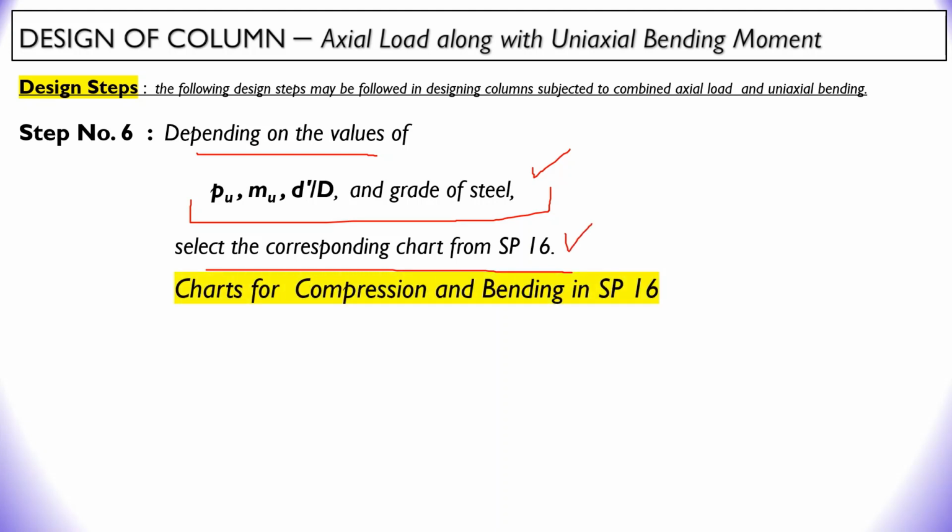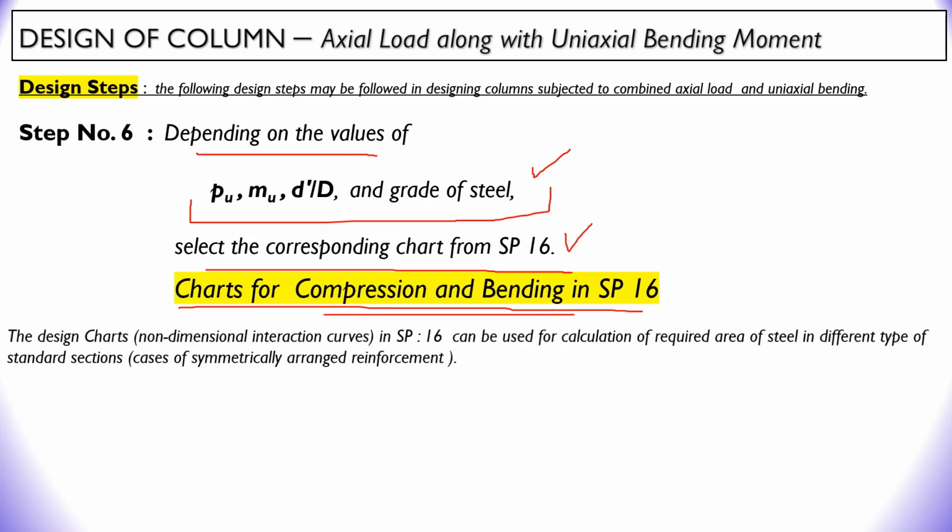Now, what are the various charts available in SP16? When you refer to SP16, the charts for compression and bending, there are various charts, and we have to refer to the charts which are relevant for axial compression as well as bending.